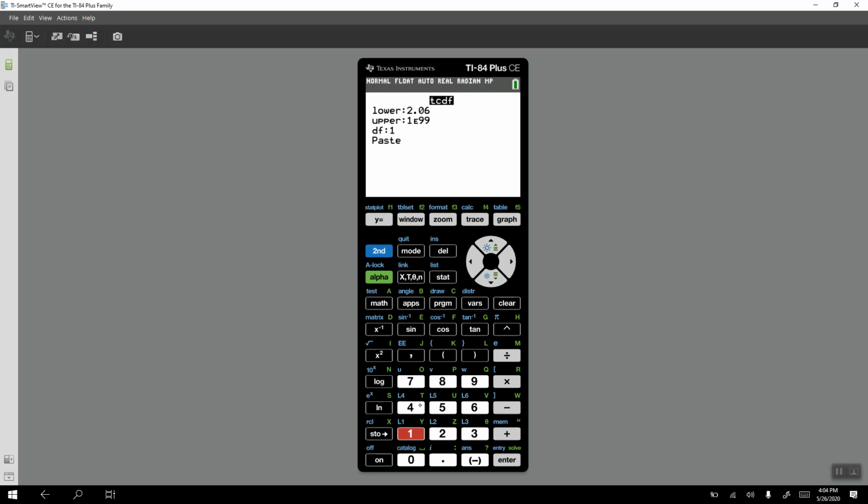Degrees of freedom, we instead had 14. There we are. So 2 times that TCDF, look at that. We get approximately 0.058. Be very, very careful. There is no e to the power of here as our answer, which means this is the exact decimal that we need. So let's go back and write that down.